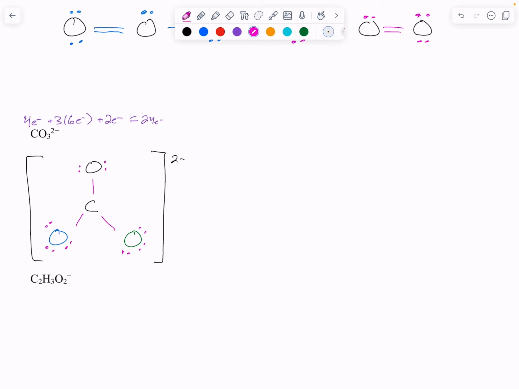So it doesn't matter which oxygen. I took the black one, double bond. But could I double bond from the blue? Yes. Or the green? Yes. And so there's more resonance structures because of this.